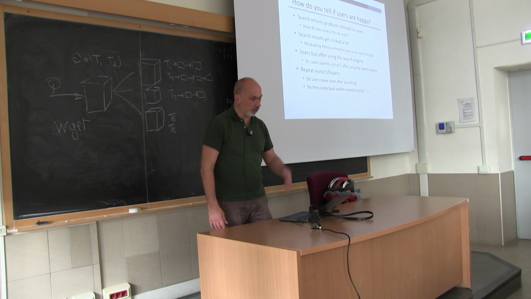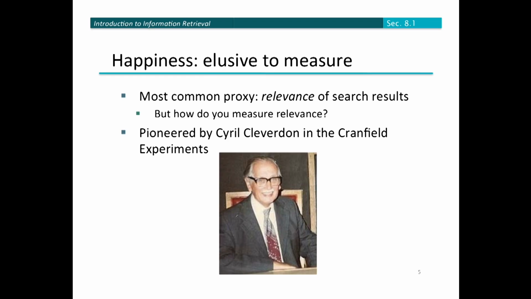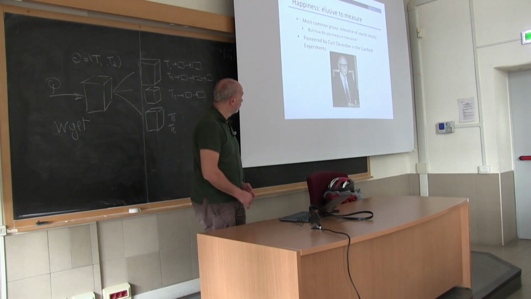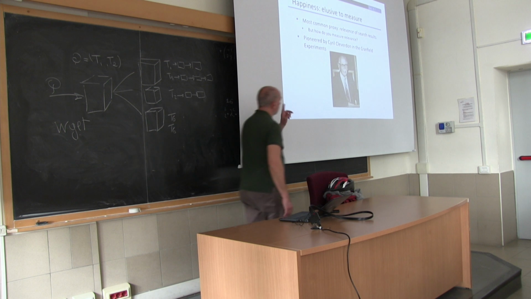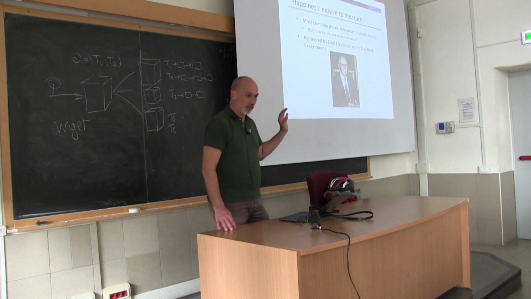And I hope this year we are going to see a number more which are used to do online advertising. But happiness is an elusive notion and very hard to measure. So there are some people who started investigating the matter, and even to build the first data sets in the Cranfield experiments, a data set that is still available.